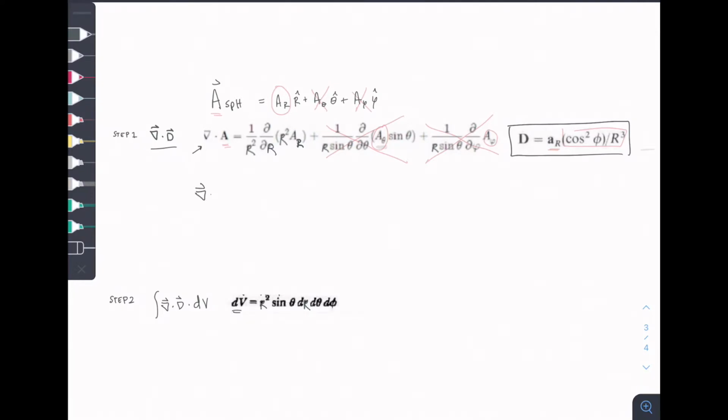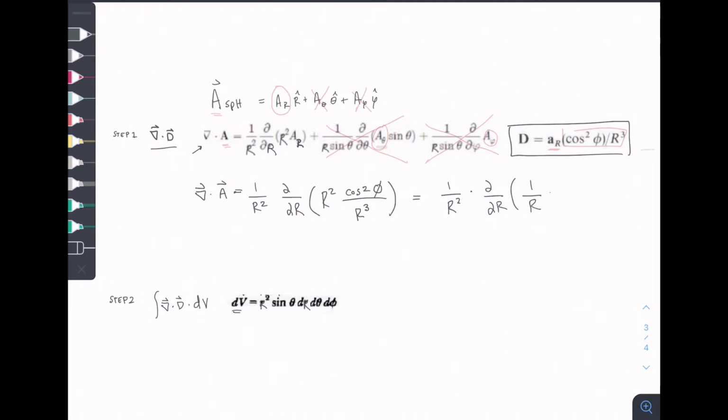So our del dot A is going to be equal to 1 over r squared times the partial derivative with respect to r of r squared times the magnitude of the r hat component. That is cosine squared phi divided by r cubed. So it equals 1 over r squared partial with respect to r, and we're going to simplify our math over here.